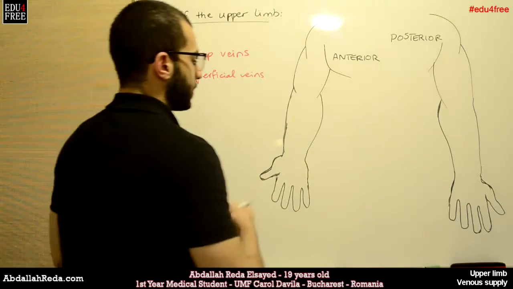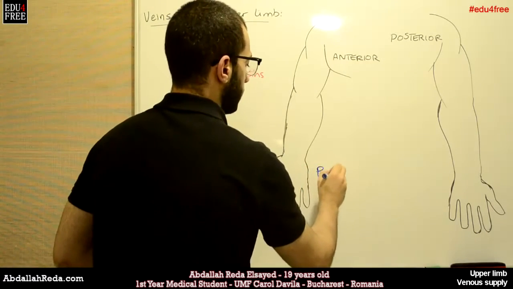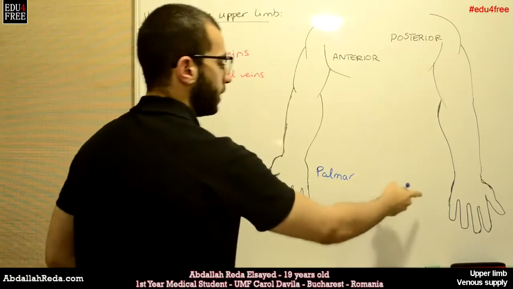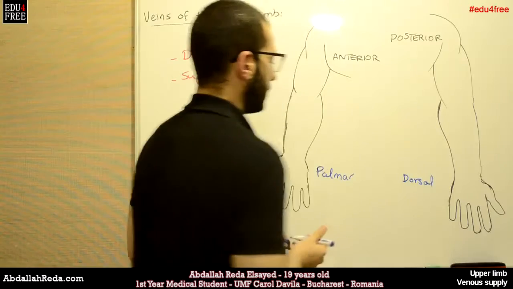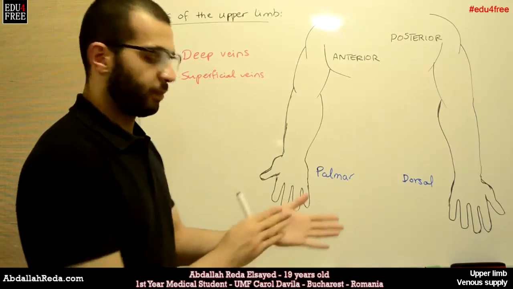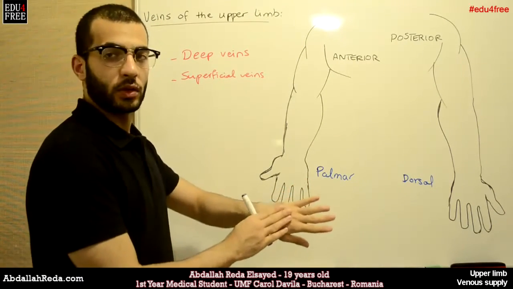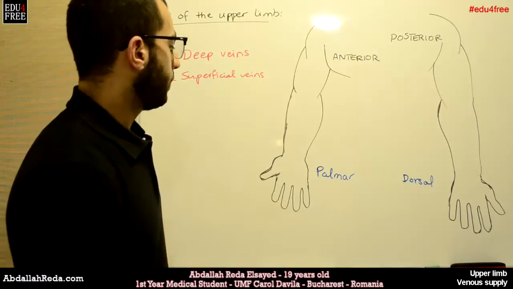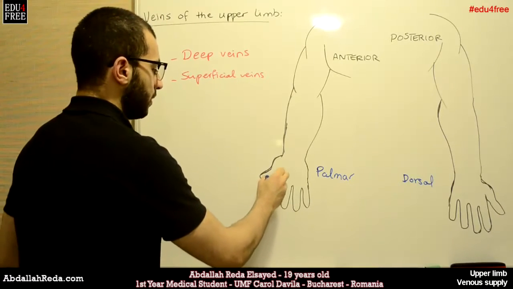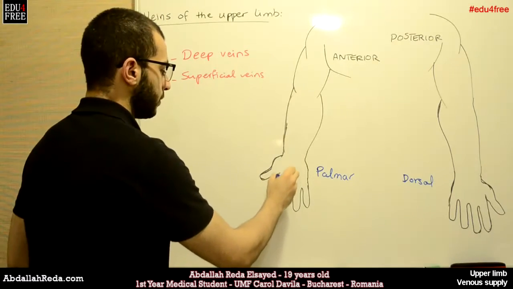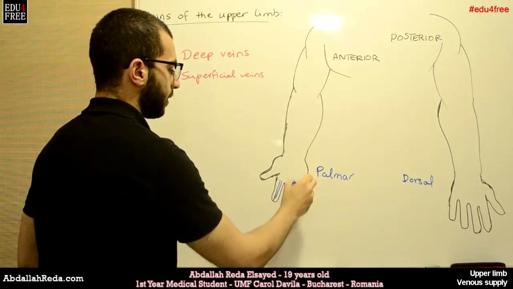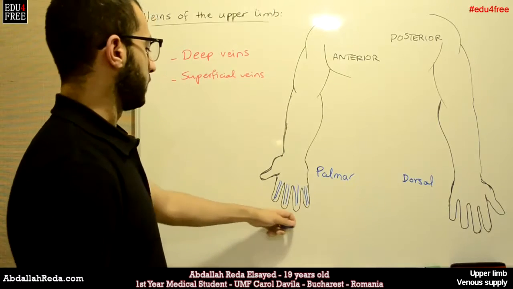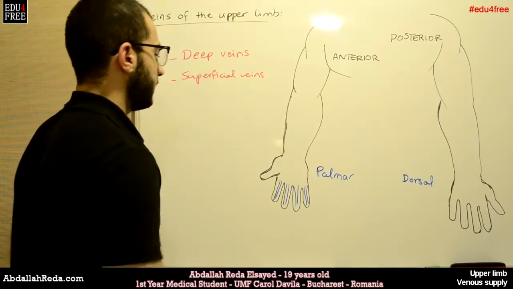On the palmar side of the hand, so this is the palmar side and that one is the dorsal side. So palmar and dorsal. So on the palmar side, we'll see the veins will begin to ascend from the peripheries, at the level of the distal phalanges.